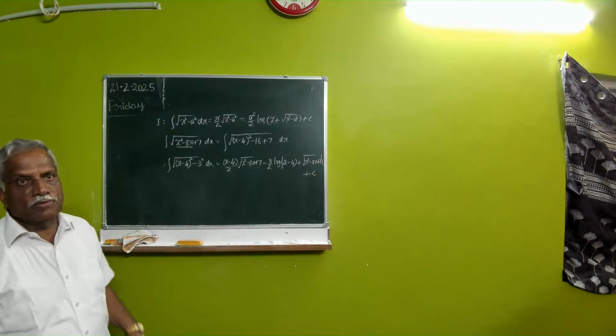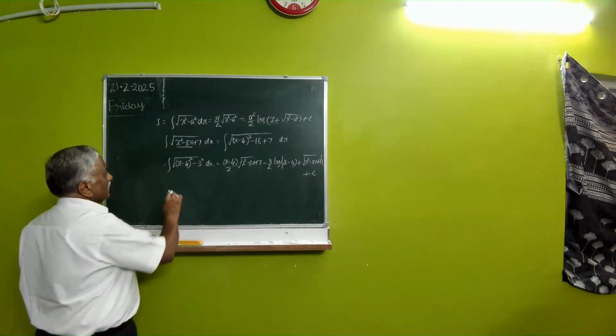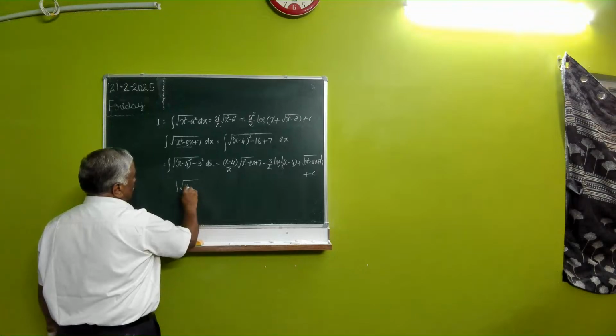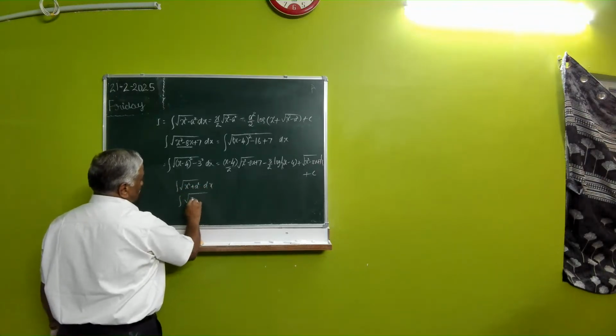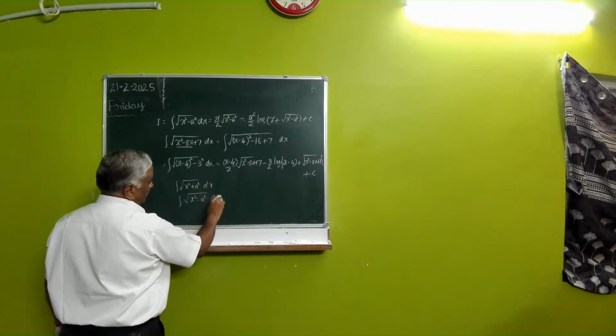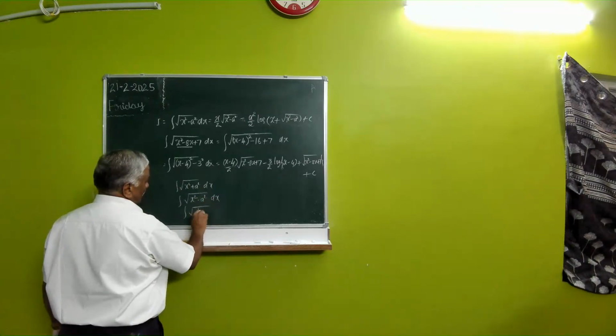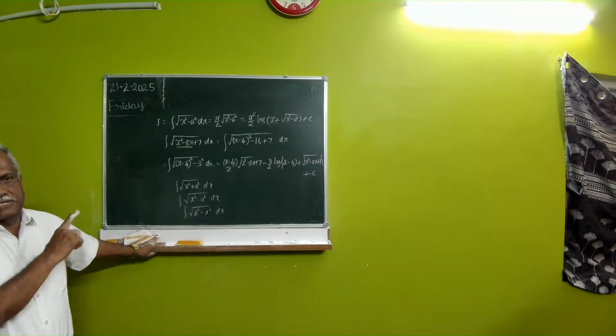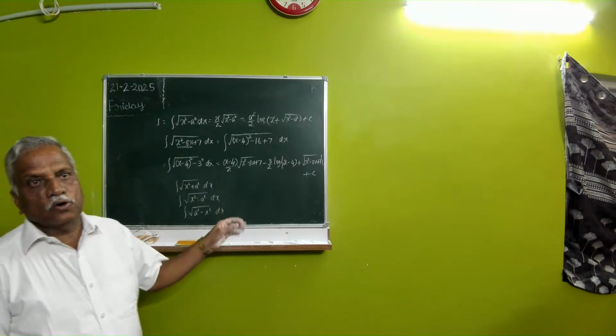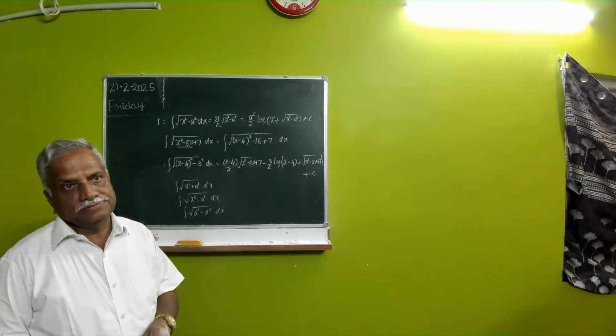So all the three problems, repeat that: the problem is x square plus a square dx, the other one is x square minus a square dx, the third one is a square minus x square dx. These three problems, for the standard result, you have got to go by integration by parts.